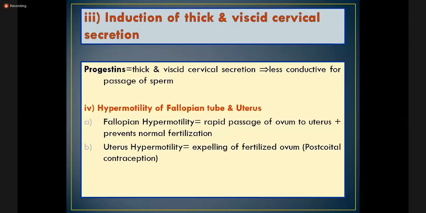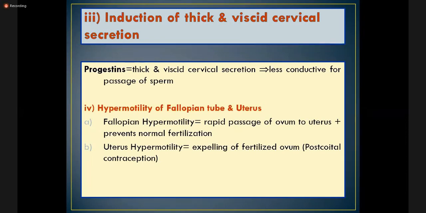Induction of thick and viscid cervical secretion. What it will do is prevent the penetration or reaching of sperm towards the site where the sperm can unite with the ova. So progestin makes thick and viscid cervical secretion, less conductive for passage of sperm.